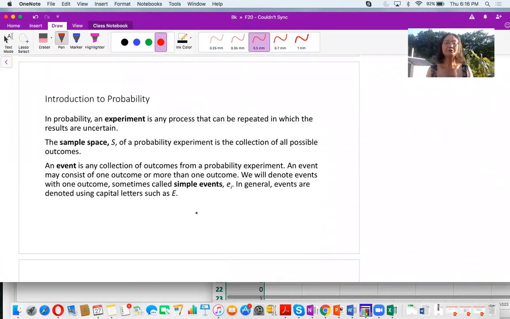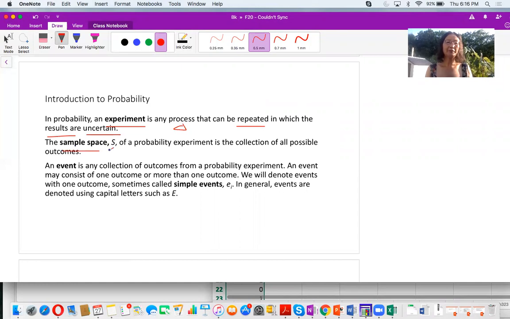Next, we are going to introduce some terminology associated with probability. The experiment is a process that can be repeated in which the results are uncertain. When we flip a coin, that is an experiment.